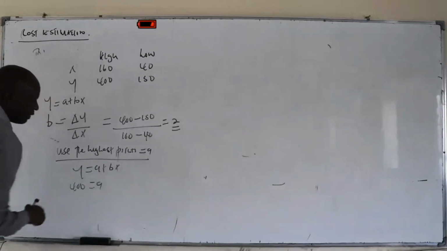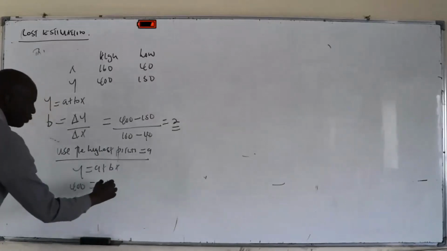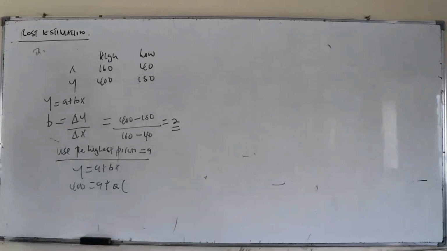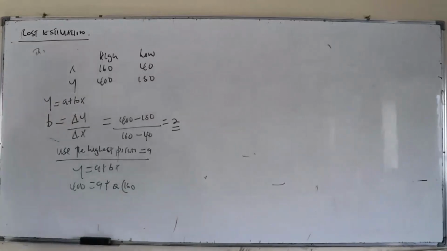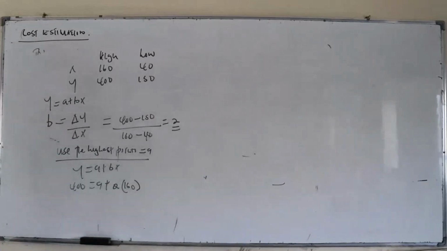We don't have a, it is a that we are looking for, plus we already have our b, which is 2. Then you take the highest x, which is 160. So you multiply 2 times 160, which is 320.